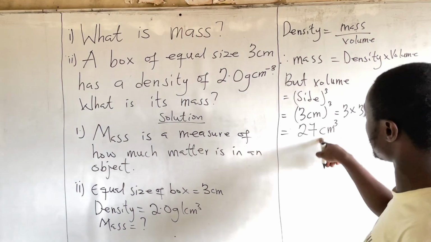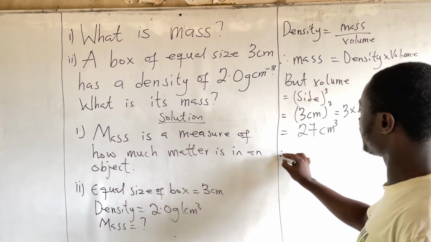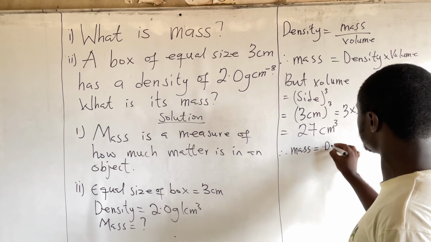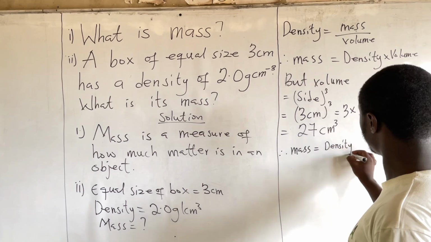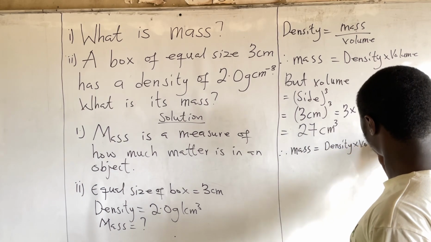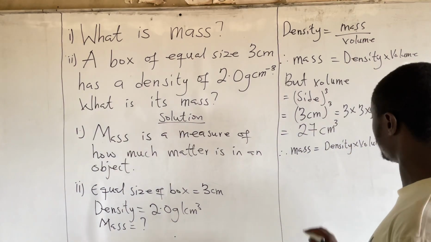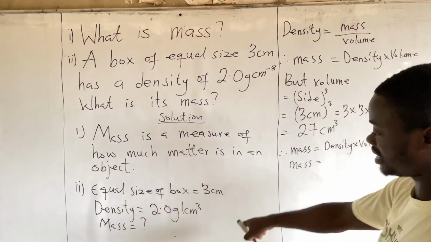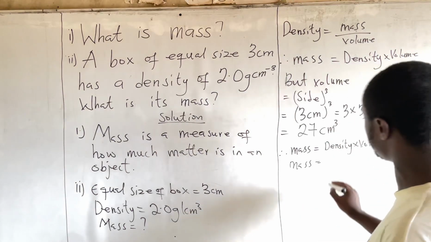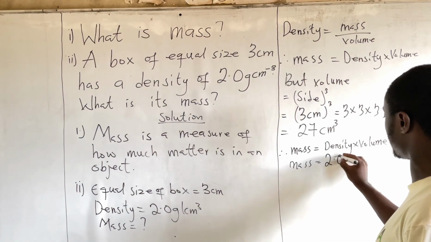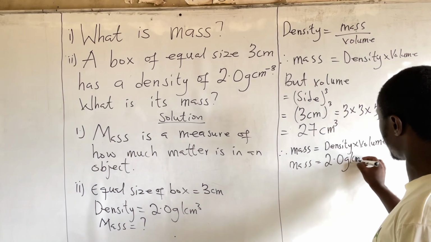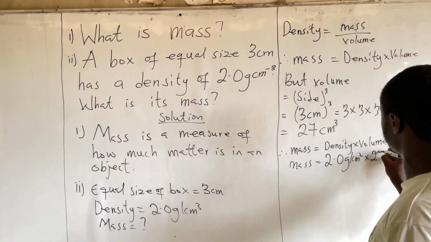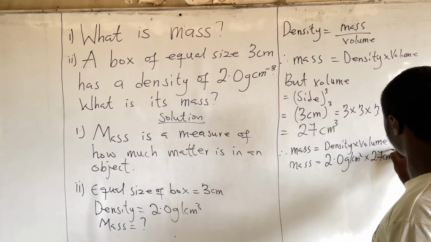Now let's substitute this information into the formula. Therefore, we can say mass is equal to density times volume. And then from the question, density is 2.0 gram per centimeter cube, times volume 27 centimeter cube.